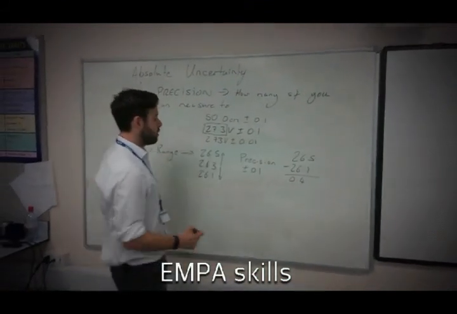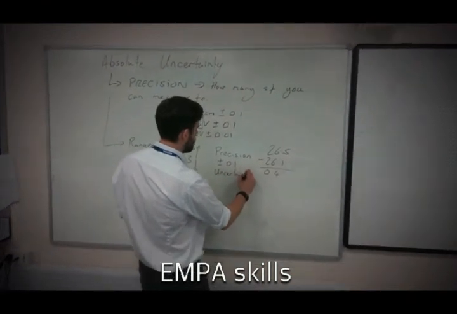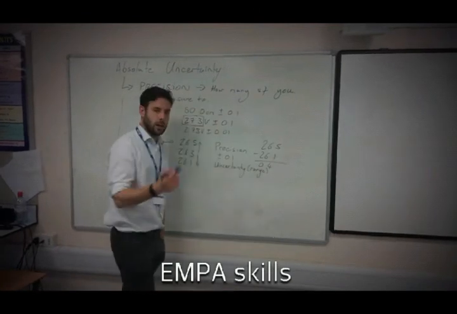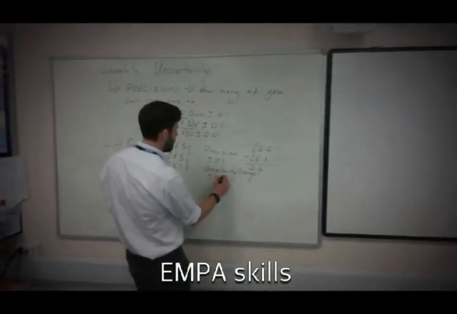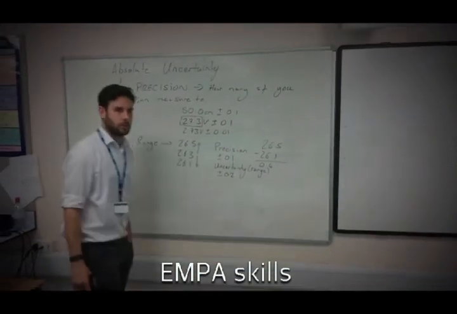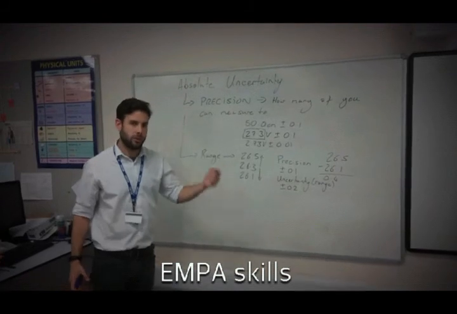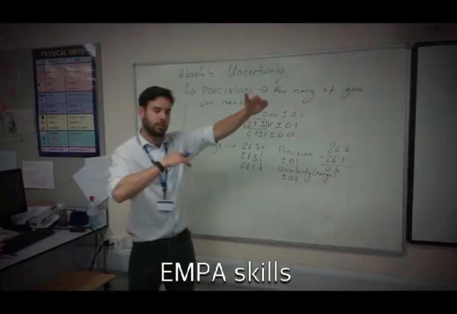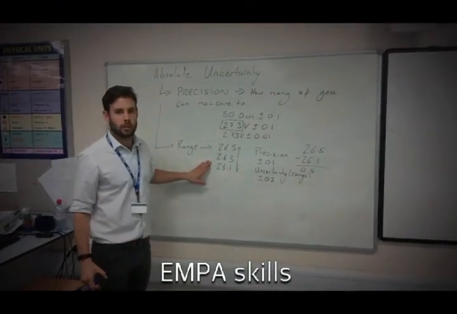So our uncertainty, if we take our range, is going to be half of that. So plus or minus 0.2. So whenever you've got more than one reading, we use half the range. Take the full range between the biggest and the smallest, halve it, that's your uncertainty.